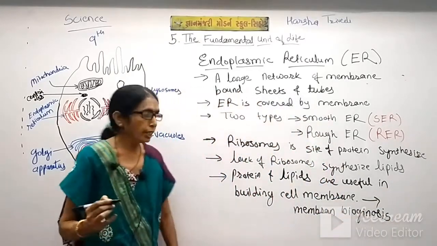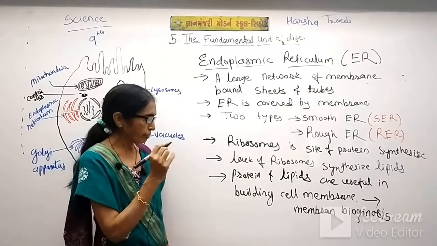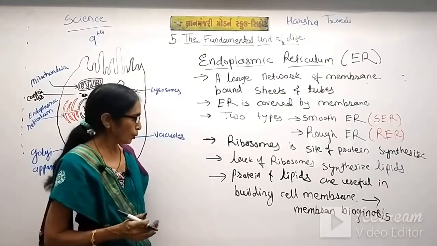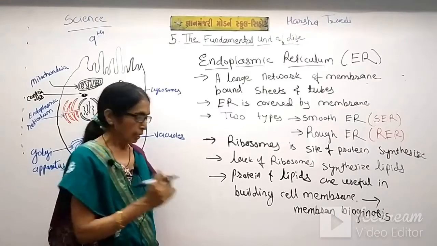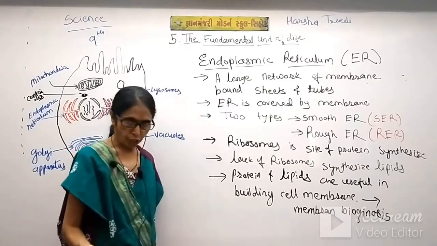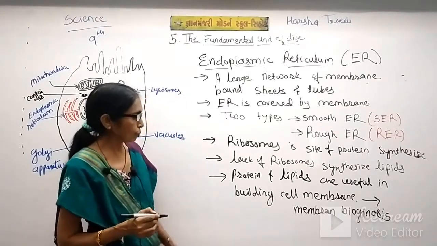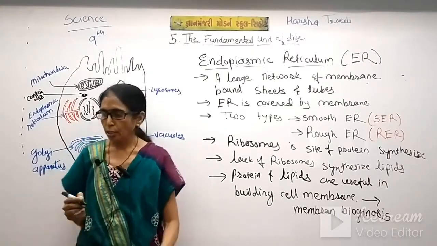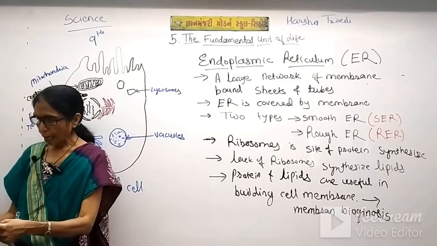This is the specific name. These proteins and lipids are mainly useful in building the cell membrane, although they have one other function as well, and this process is called membrane biogenesis.